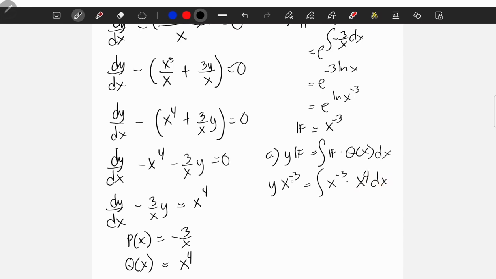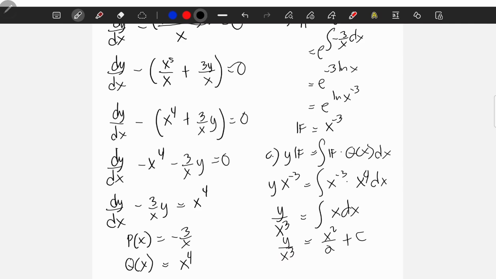Since we have a negative power, we will reciprocate the base x. So it becomes y over x cubed. x to the negative 3 times x to the power of 4 is equal to x dx. The integral of x dx is x squared over 2 plus c.